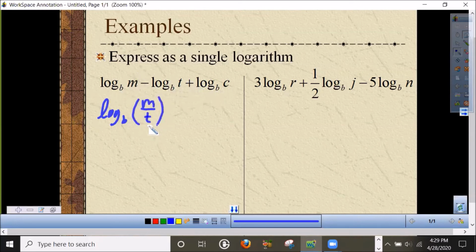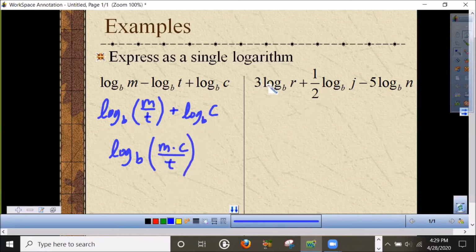The subtraction is equivalent to division. Now we're still adding log base b of c. So this addition is now going to turn into multiplication. So altogether we could write the log base b of m times c divided by t.